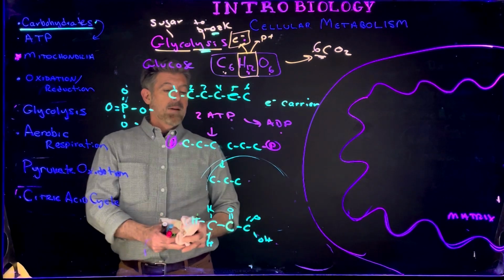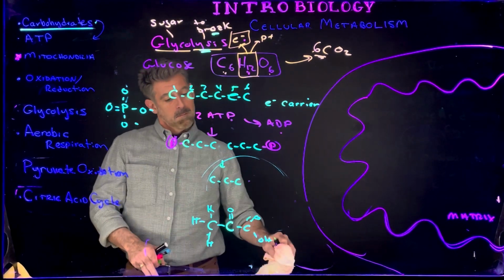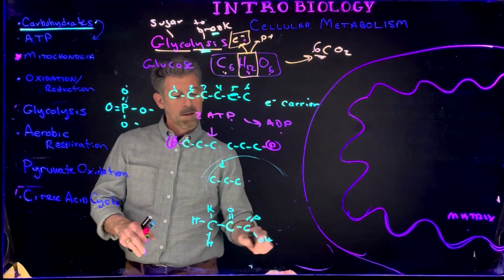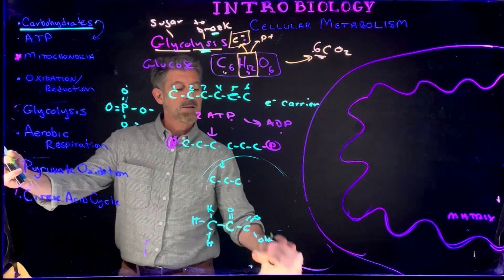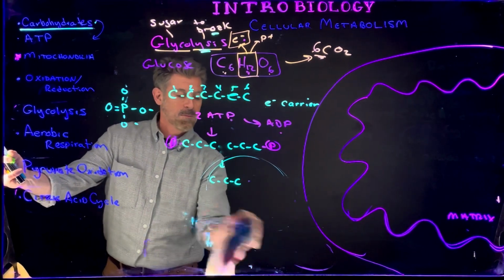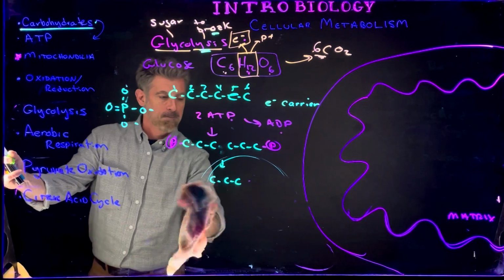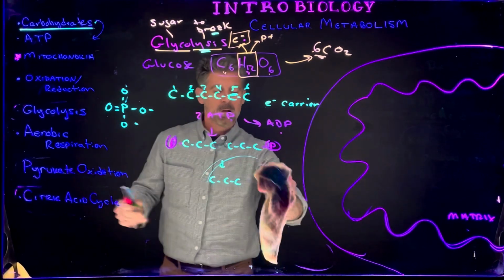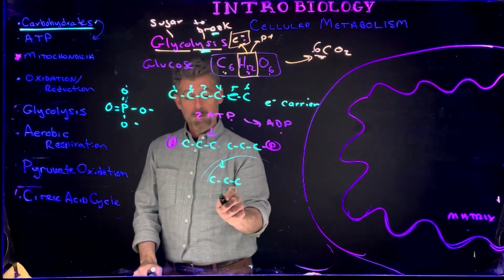It's going to be a pyruvate molecule, so there's going to be hydrogens, carbons, oxygens attached to it. So don't worry about its structure. It's just going to be a 3-carbon molecule called pyruvate.